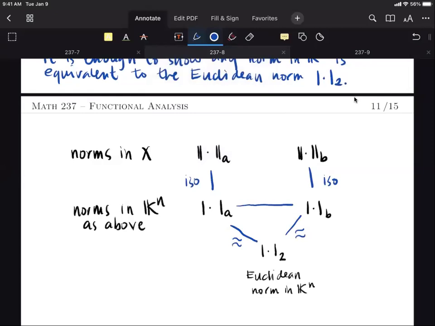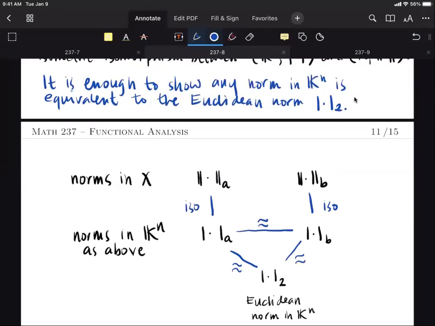So it is transitive, therefore these two norms in K^n are equivalent. Therefore, showing that any norm in K^n is equivalent to the Euclidean norm implies that any two norms in K^n are equivalent due to the transitivity of equivalence between norms.